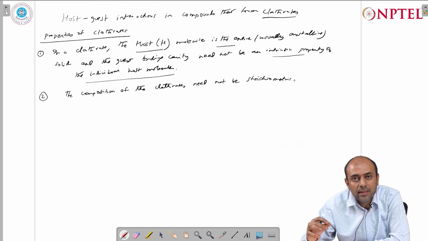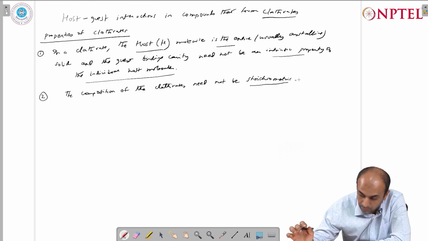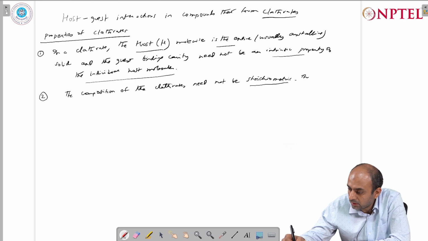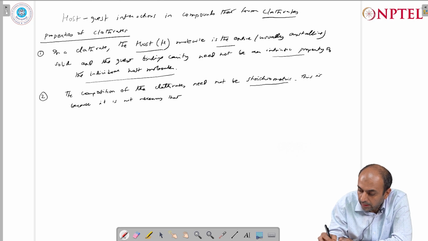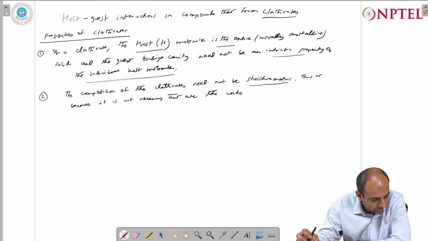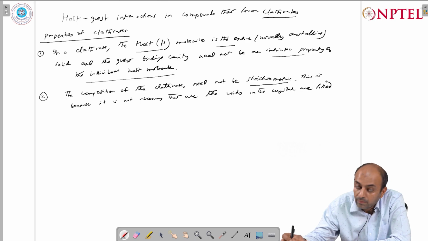So it is not necessary that the composition of the clathrate be stoichiometric, and this can happen because it is not necessary that all the voids in the crystal are filled with gas.